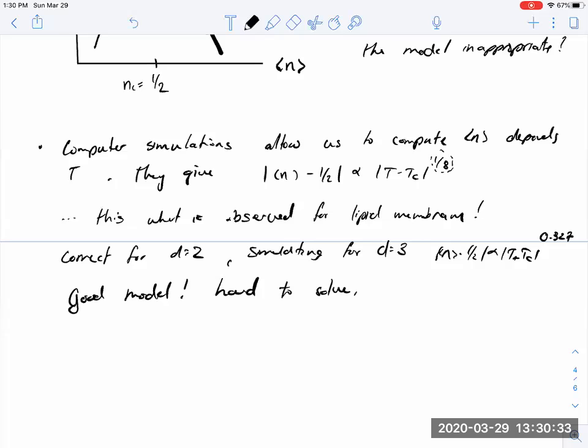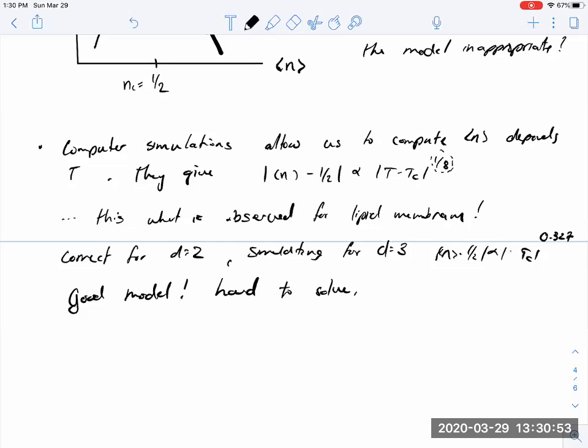Now, it is also worth noting that computer simulations can give a lot of insight into this problem. I've just stated that computer simulations can be constructed and studied, and they give you the right answers. It would be fun to actually see what those look like.